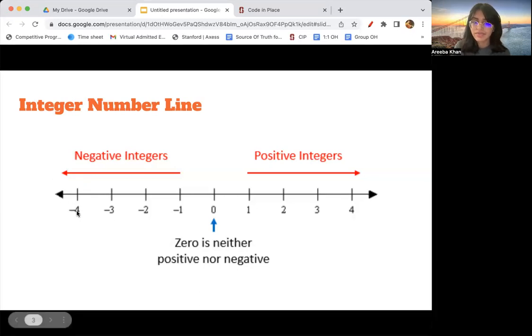So negative 4 is more negative than negative 3, which means that negative 4 is smaller than negative 3. Similarly, positive 4 is more positive than 3, and that means that it's going to be bigger than 3.